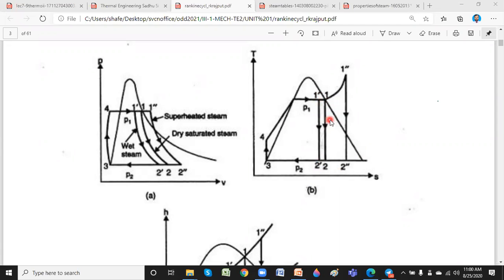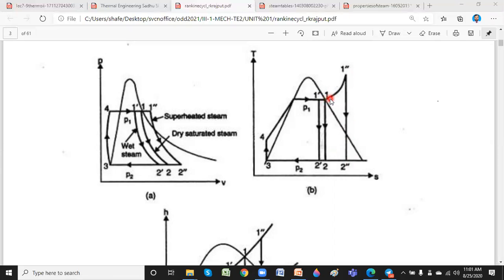And most of the times you won't prefer 1 dash to 2 dash, because if it's superheated, I'll take the maximum amount of work for the expansion of the turbine, and finally it may reach the wet state. Suppose the entire expansion happens in the wet region, what will happen?